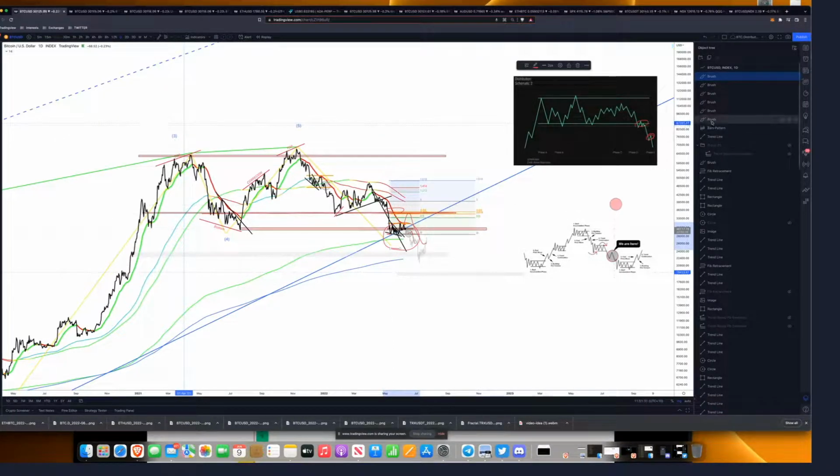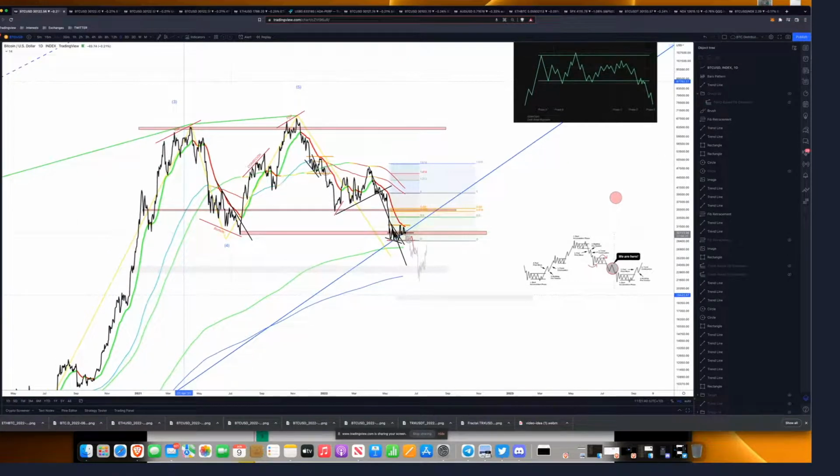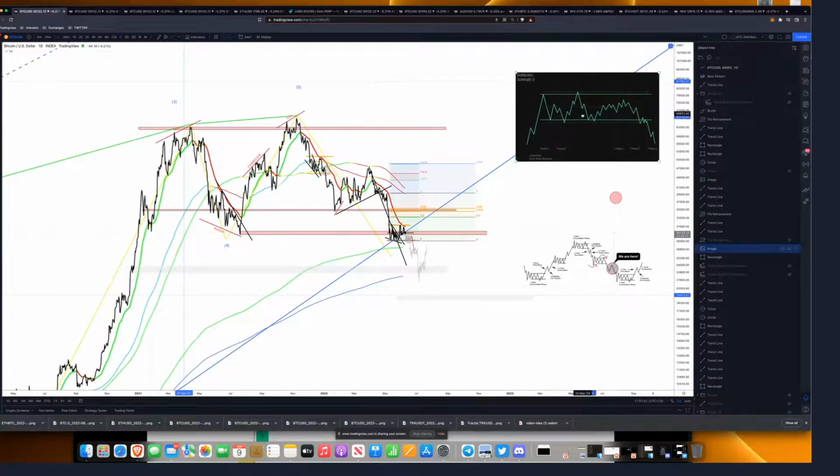So let's go back another step. Clean this up. Now I just want to put that to the side. Now where's my Fibonacci's? I can get rid of that. Now I can bring this across.